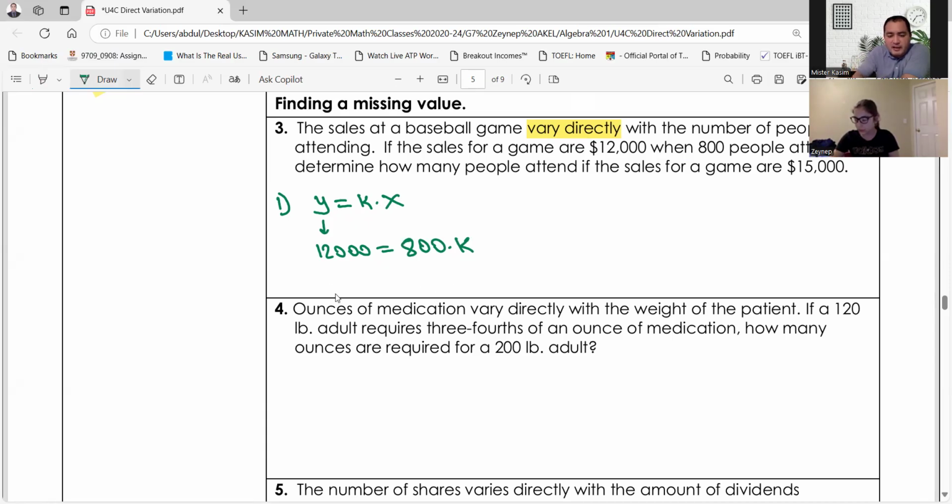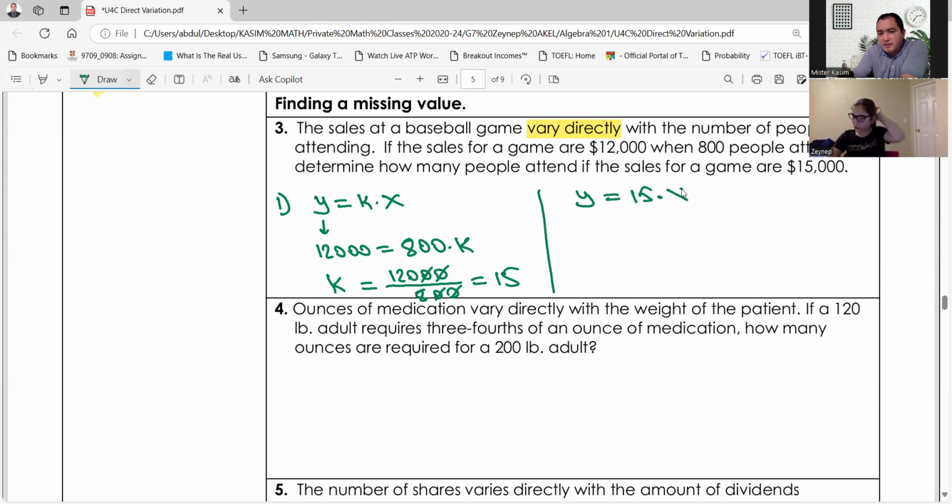From here I can find k. k is equal to 12,000 divided by 800. The zeros cancel each other, so 120 divided by 8, which is 15, right? Then the equation is y equals 15 times x.